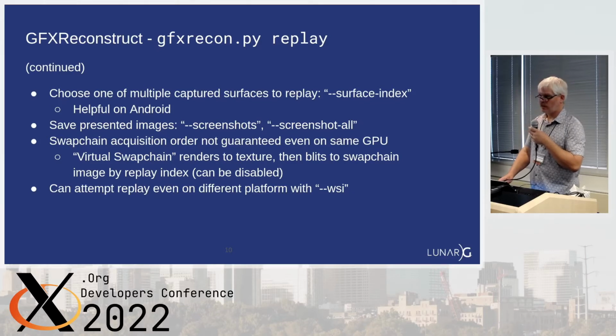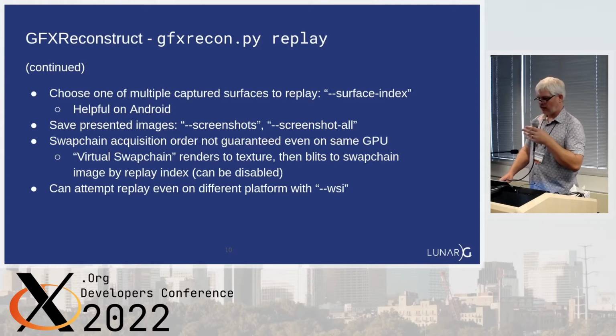An interesting feature that was merged recently is virtual swap chain. You may not know that swap chain acquisition index order might change even on the same GPU and the same driver if you're using mailbox or immediate present mode.